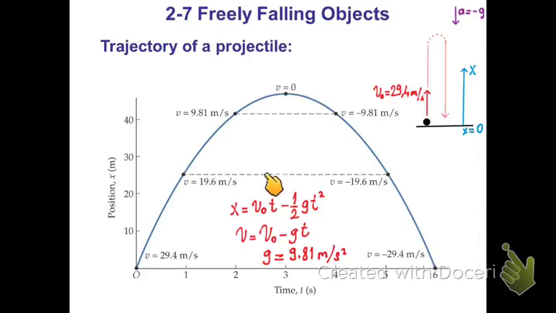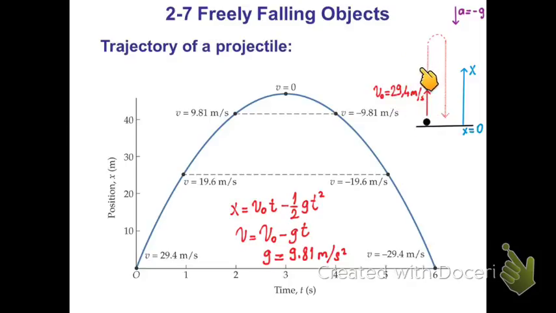With this information, for this particular type of motion the x value will be v0 times t minus 1/2 g t squared, because the acceleration is minus g. If we give a special value of v0 as 29.4 meters per second, when the object is thrown up in the air, it will decrease its speed because the acceleration is down and the velocity is up.